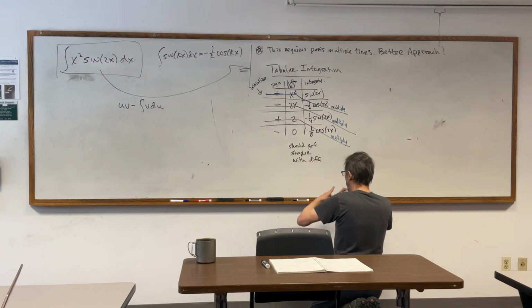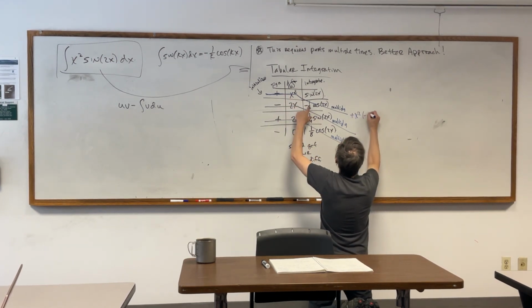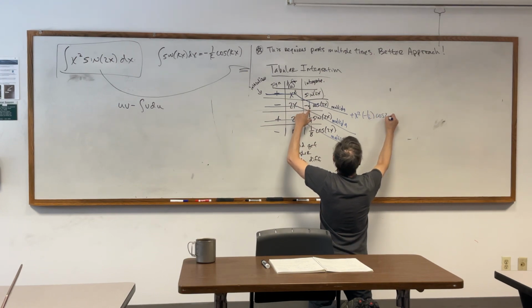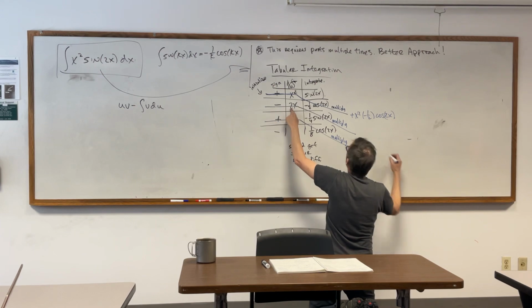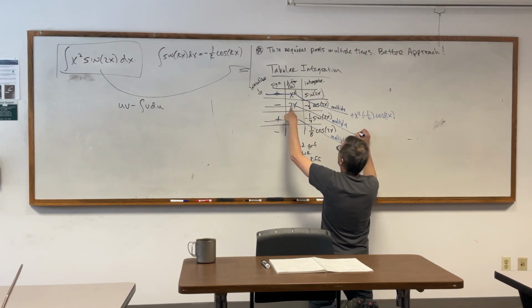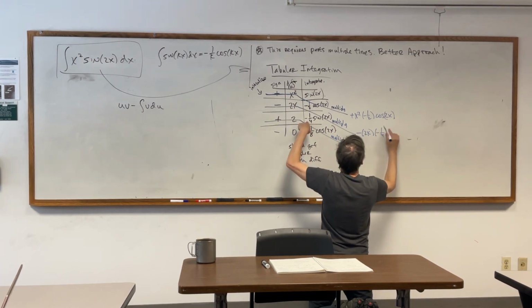So this first one is going to turn into plus x squared times -1/2 cos 2x. This one's going to be negative, let's just put the whole thing here so that we see it, -2x times negative, excuse me, 1/4 sine of 2x.